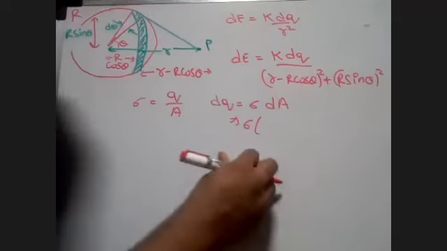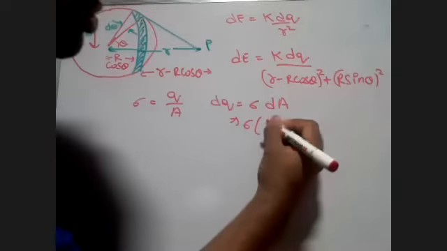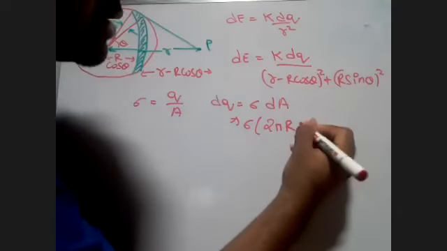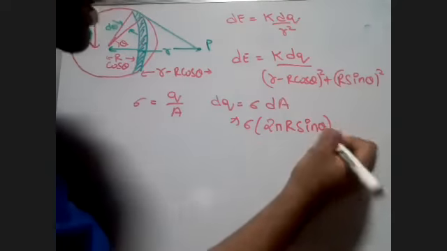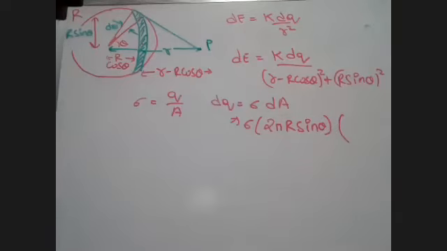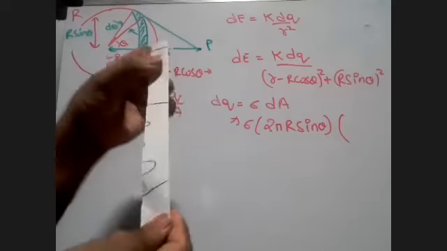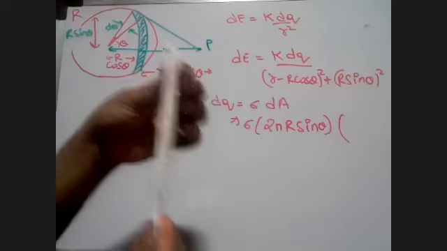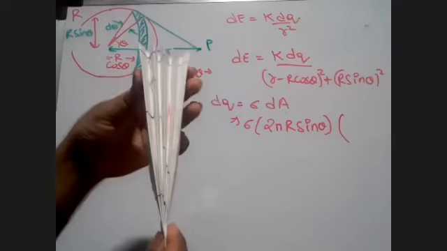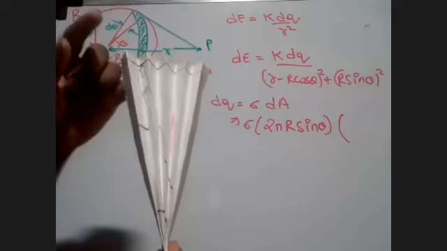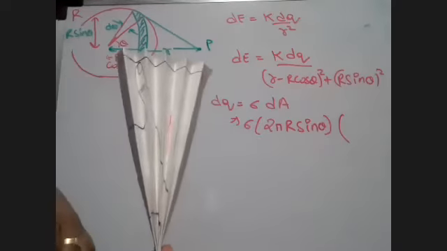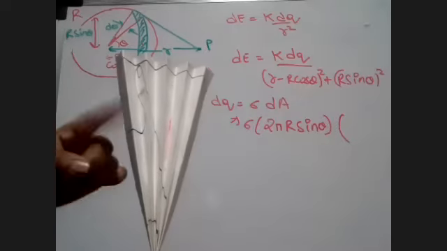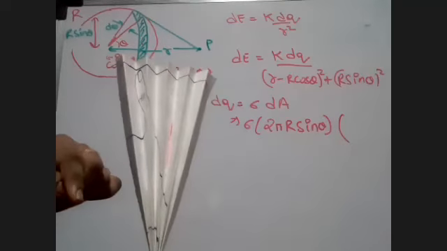And so dA is going to be 2 pi r sin theta into thickness. Thickness is going to be, as I explained earlier, r into d theta. Let me give you a small example. If this is the radius, and if I expand this, the length is still going to be the same, that's the radius itself, r.